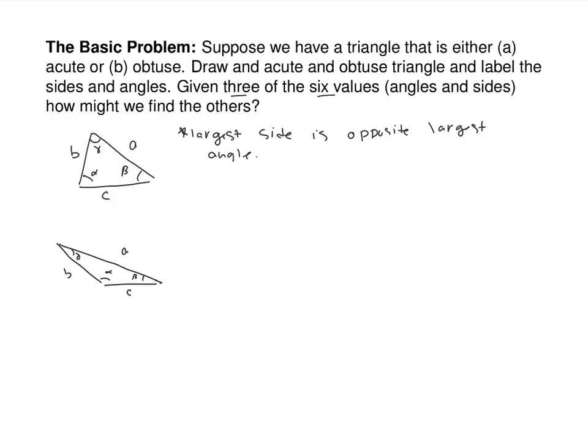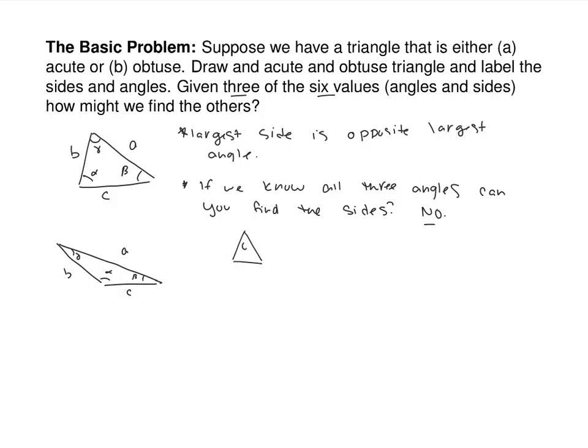So the first question is, if we know all 3 angles, can you find the sides? The answer is no, and here's why. There isn't only one triangle. What if I did an equilateral triangle with 60, 60, and 60, and all the sides are 1?